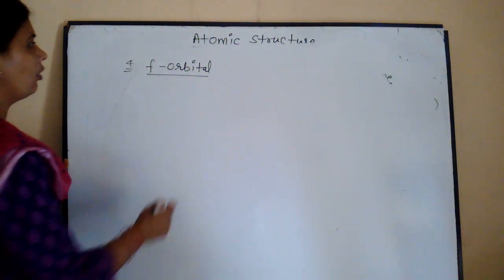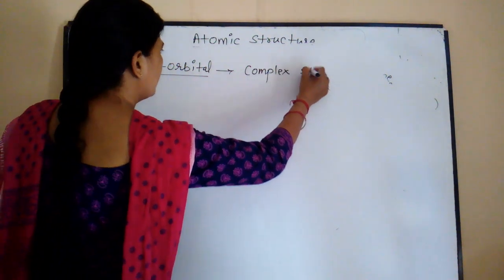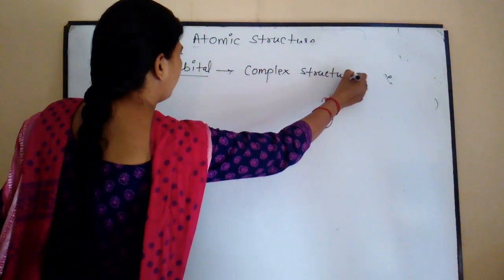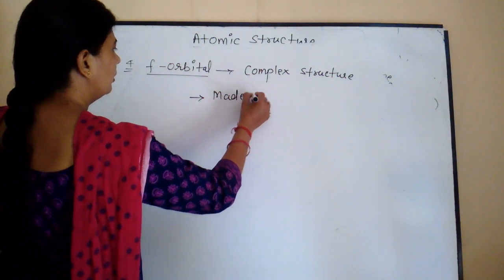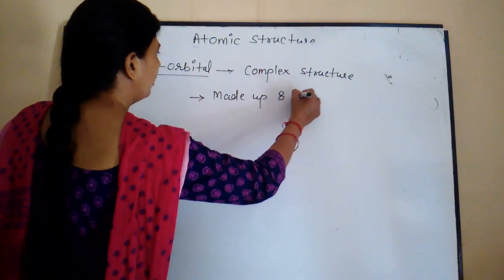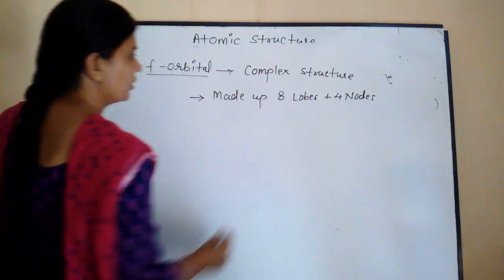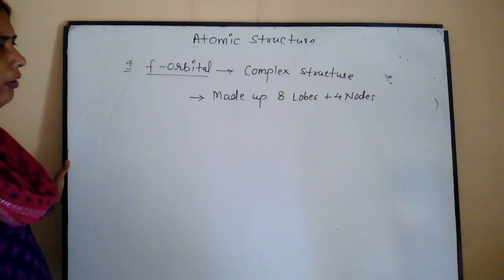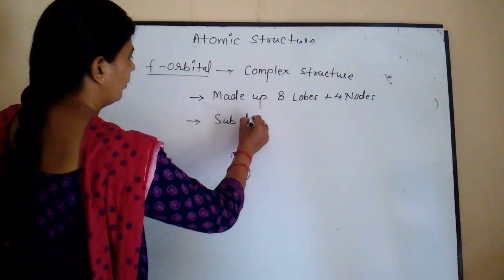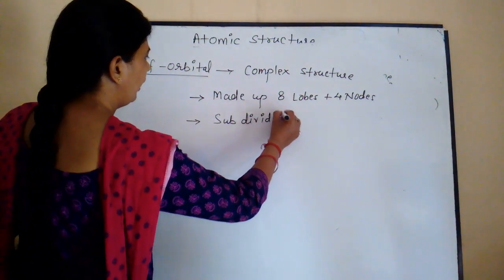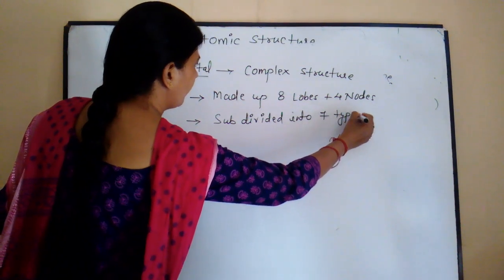F orbital has a complex structure because they are made up of 8 lobes and 4 nodes, and they are subdivided into 7 types.